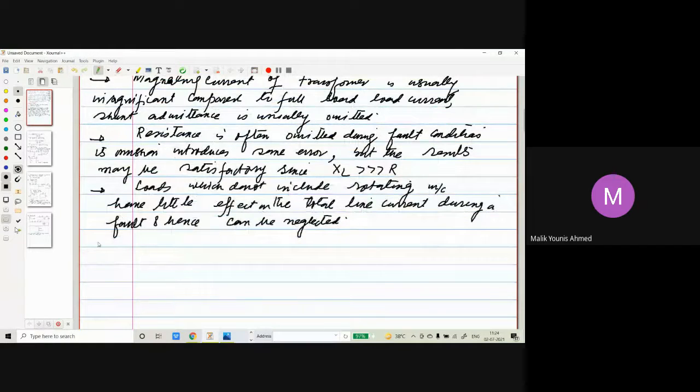Next is now the representation of motors and generators. How are they represented while we draw the impedance diagram?